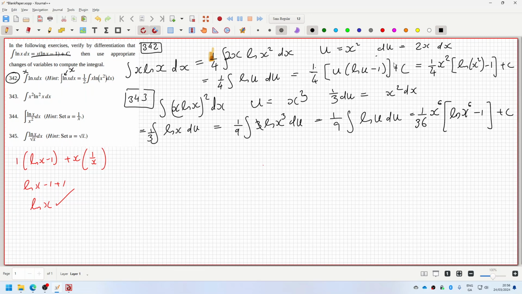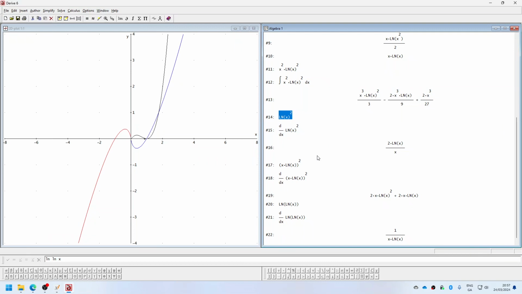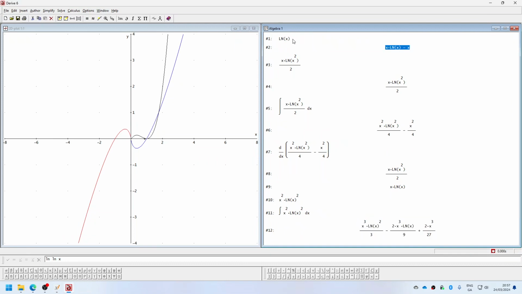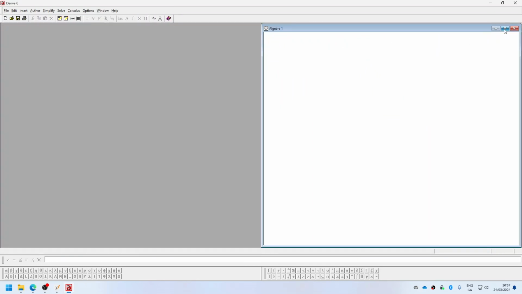Integration of x log x becomes 1/4 x squared. U is x cubed. So if I check it here in my software, let's check it.